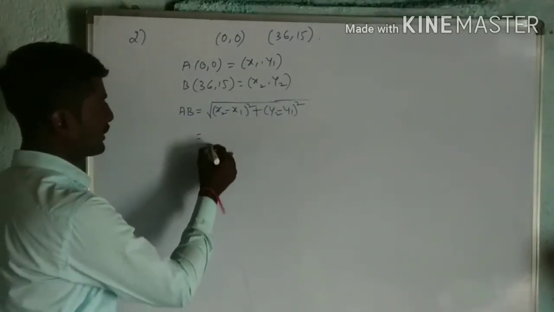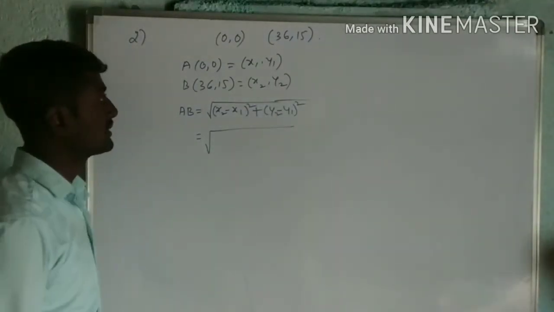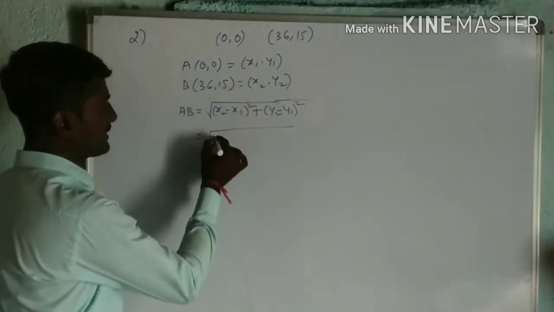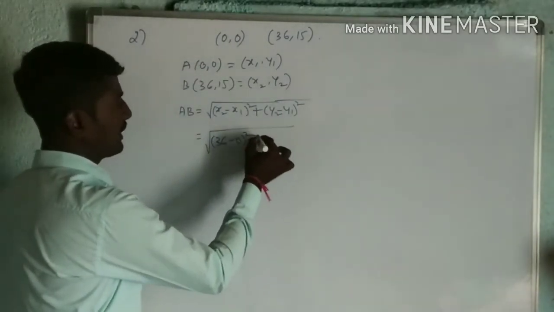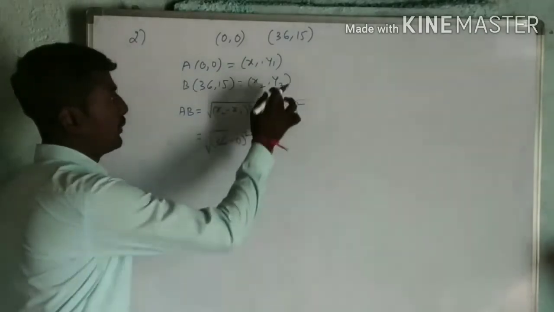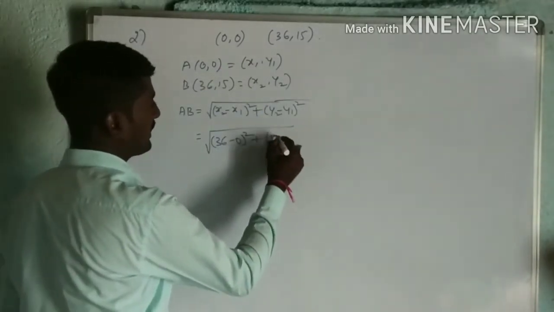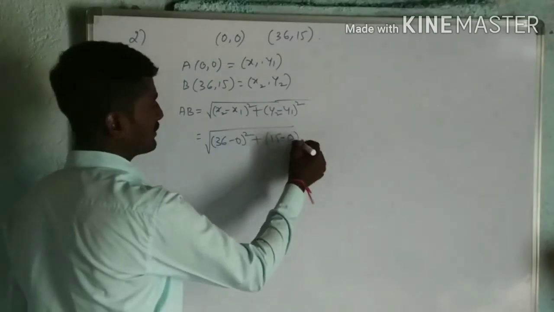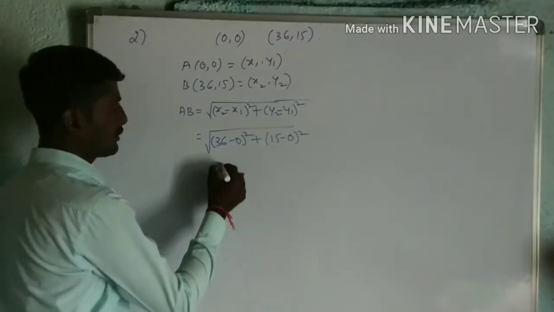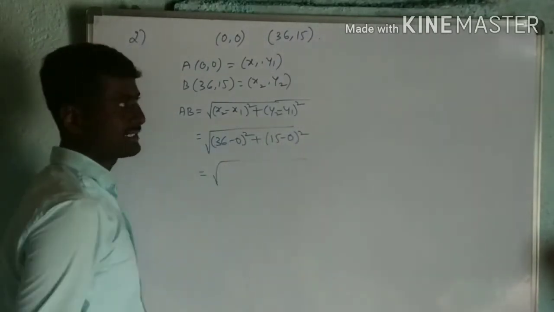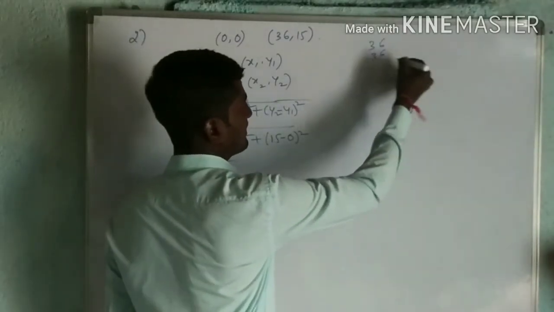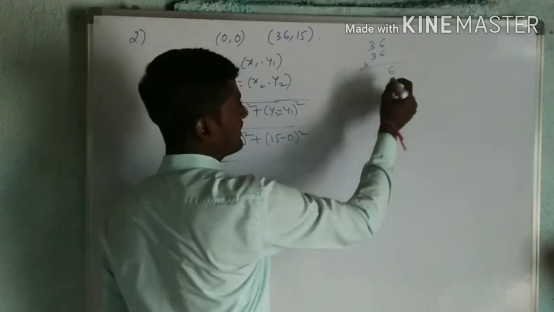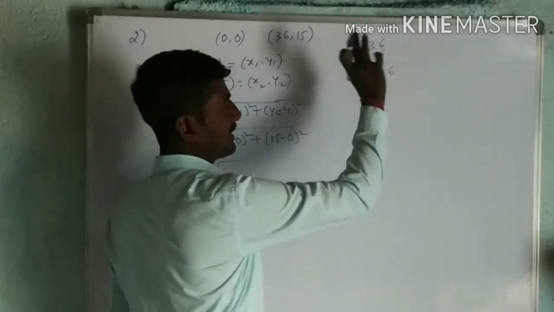This is equal to under root of, substitute the values. So here x2 is 36 minus x1 is 0 square, plus y2 is 15 minus 0 square. Now this is equal to 36 square. 36 square is nothing but 36 into 36. 6 6s are 36, 6 3s are 18 plus 18, and so on.